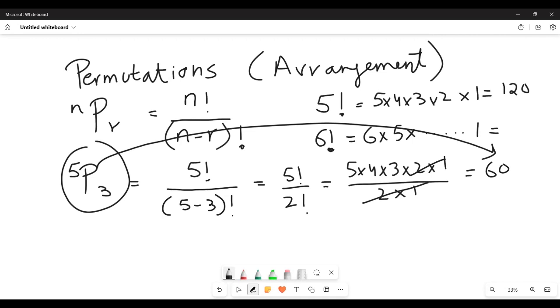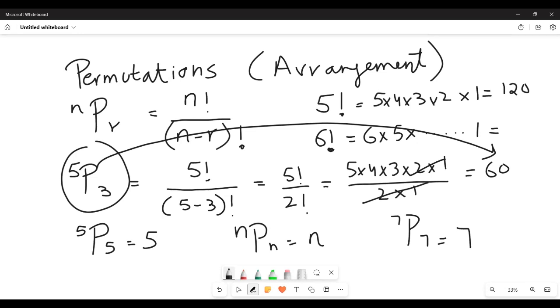Another thing you must remember is that 5P5 equals 5 factorial, that means nPn equals n factorial. For 7P7, the denominator becomes 0 factorial, and 0 factorial is 1.